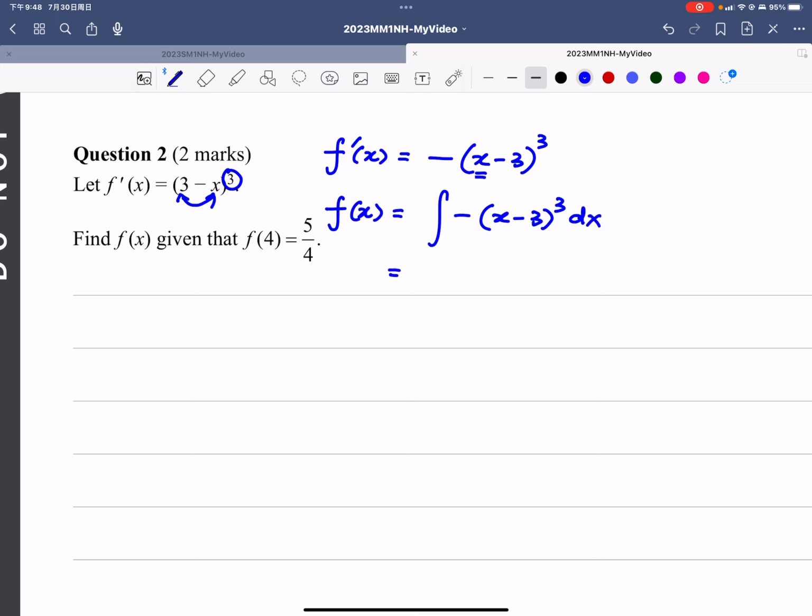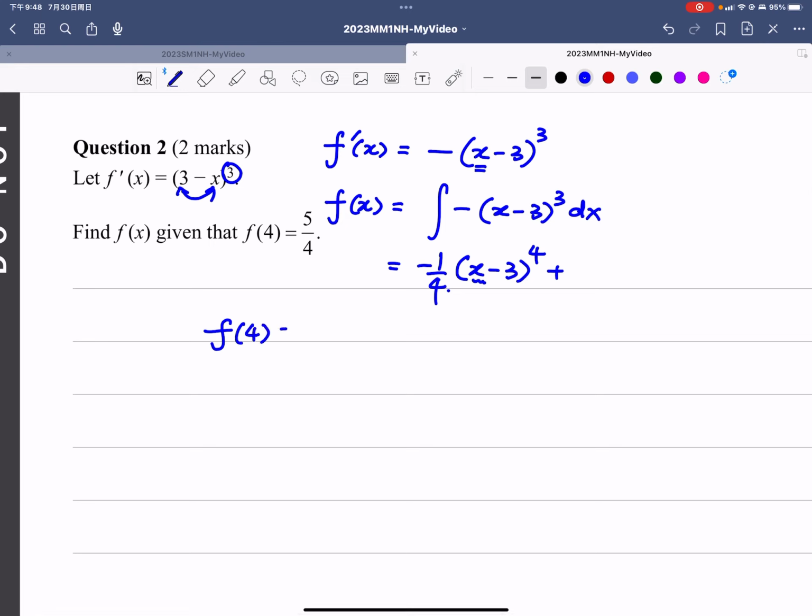Well, this is a linear function to the power 3, so I'll raise the power by 1, to 4. Then divide by the new power. Remember, you also have the inner derivative 1, but we can just ignore that. Don't forget plus c. All right, so we substitute the value f(4) equals minus 1 over 4 times (4 minus 3) to the power 4, add c, equals 5 over 4.